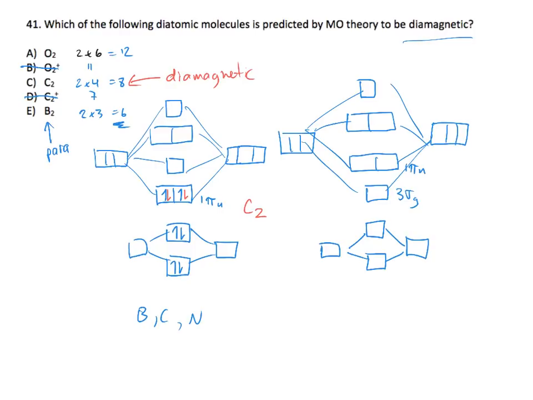Not the neatest writing in the world, but that's okay. We got 12 for oxygen: 1, 2, 3, 4, 5, 6, 7, 8, 9, 10, 11, 12. As you can see for oxygen, there are 2 electrons that are not paired. Therefore, that one's going to be paramagnetic as well. So the only one of these that's diamagnetic is carbon, which is C.